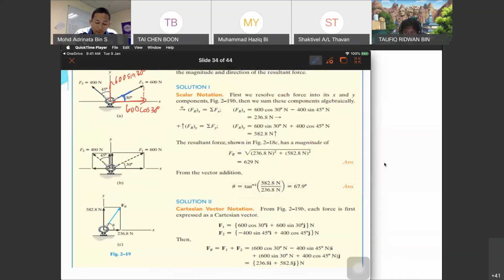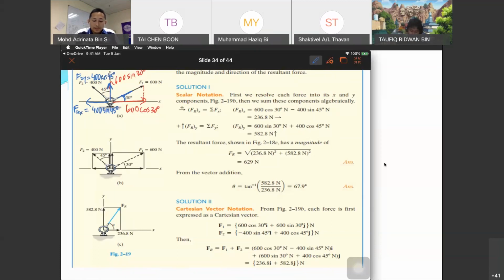Okay, so we have F2 400, and then we have F2X is equals to 400 sine 45, and F2Y is equals to 400 cosine 45.